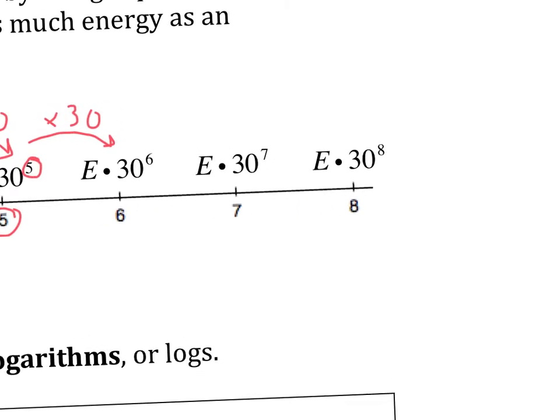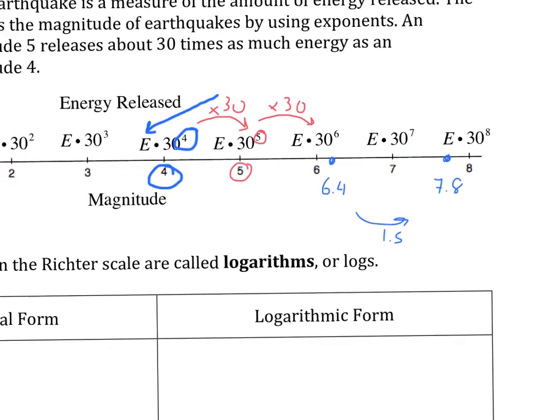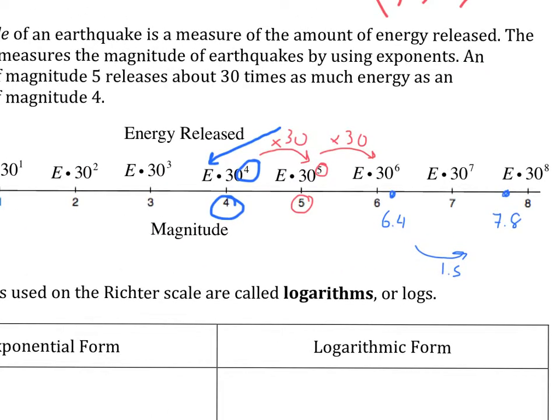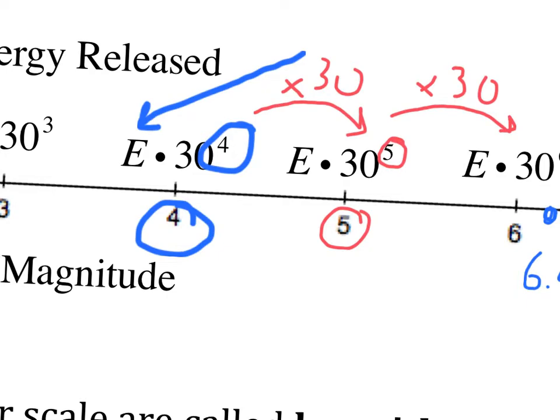I have been in an earthquake here at a 6.4, and the most recent one in Nepal is 7.8, which is about 1.5 higher on the Richter scale, but that's going to be somewhere about 164 times greater than I experienced. All right, so that's where we get the idea of Richter scale. We're using the exponents themselves.